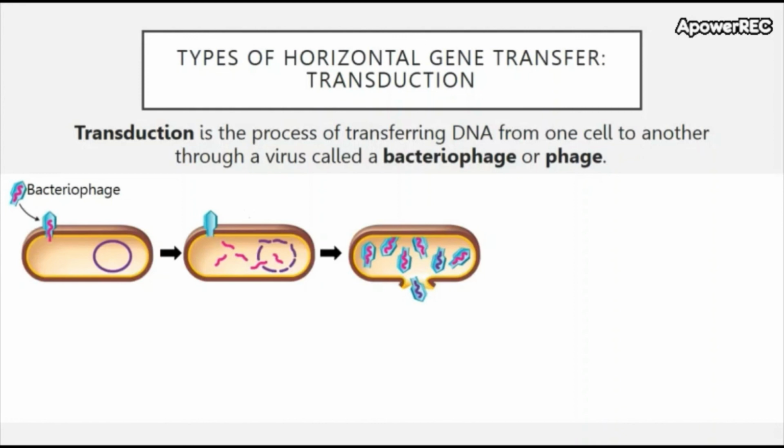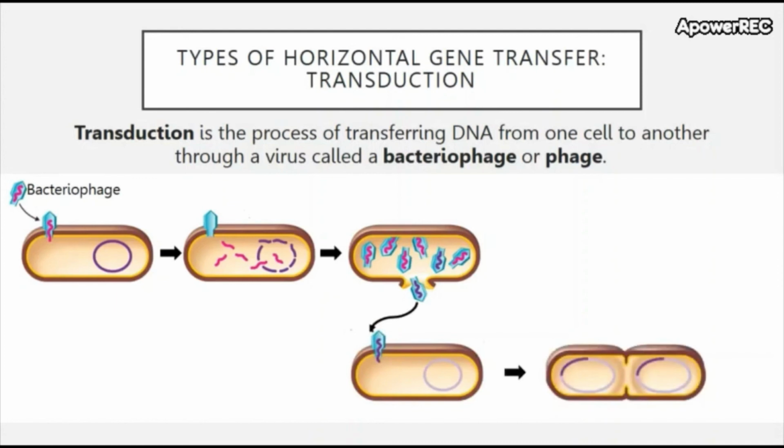And sometimes it makes a whoopsie and it accidentally packages some of the host bacteria's DNA into its viral particle. And sometimes those viruses that make a whoopsie then reinfect a new bacteria, and lo and behold, some of that genetic information can go through genetic recombination.